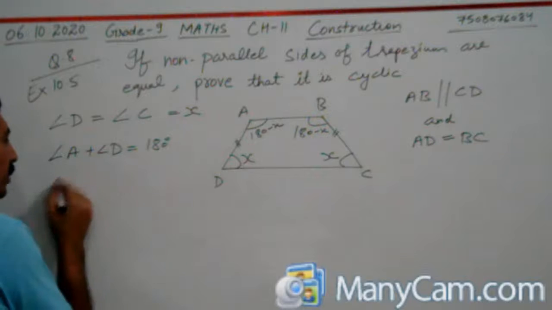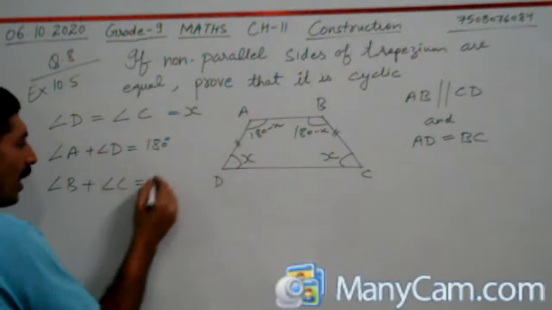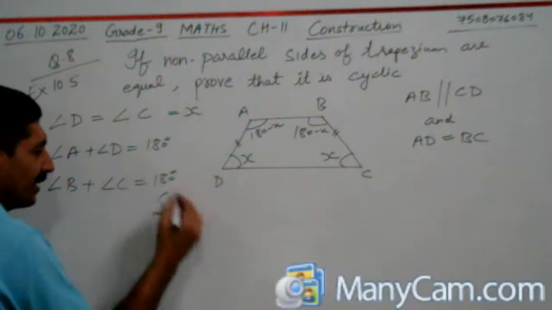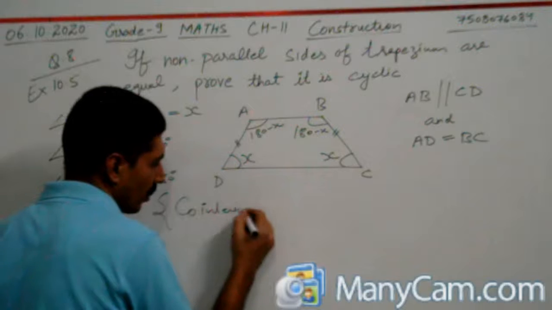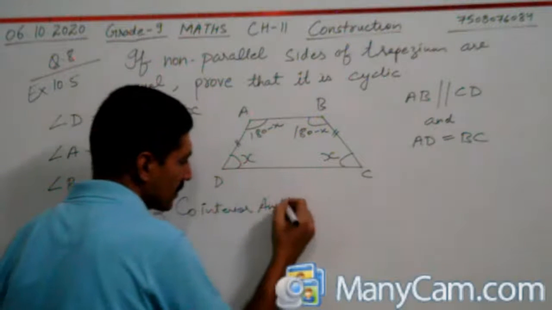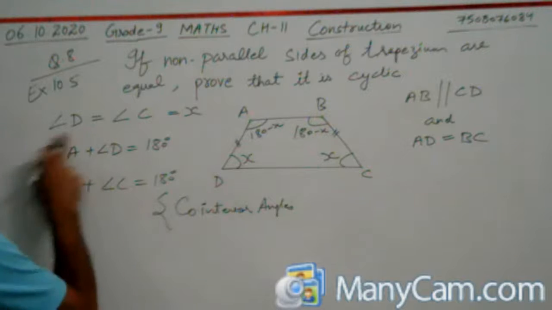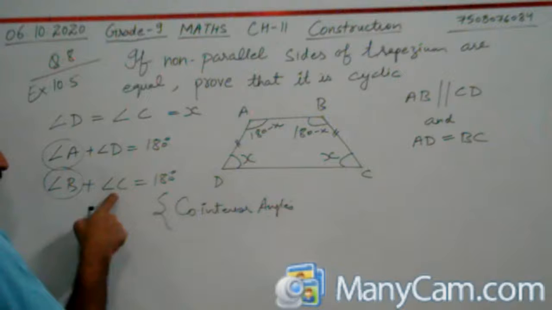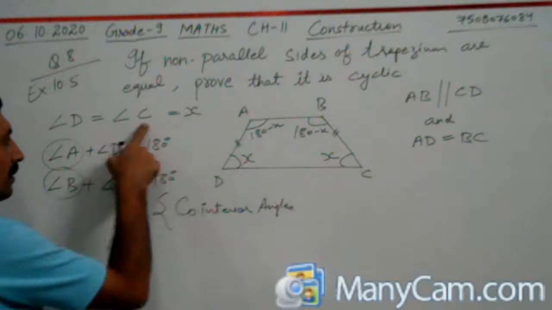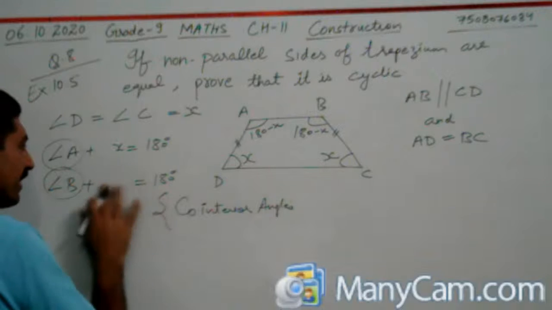Right? What is angle B plus C? Why are they 180? These are co-interior angles. Right? So here, angle A and B must be equal because C and D are equal. If they are equal, this is also x here, and this we can write as x.